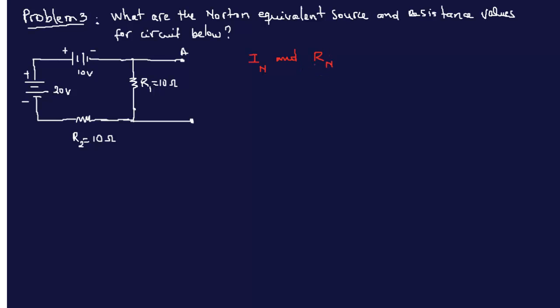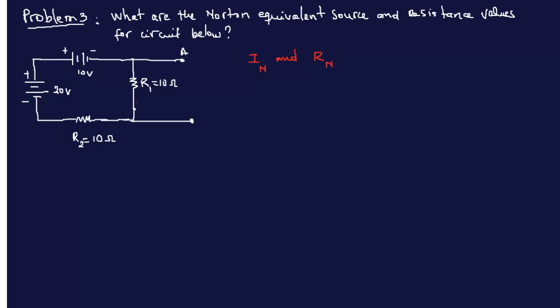So R Norton is the equivalent resistor. So we have to assume that all voltages are 0. So if we eliminate those, act like this is gone and that's gone.